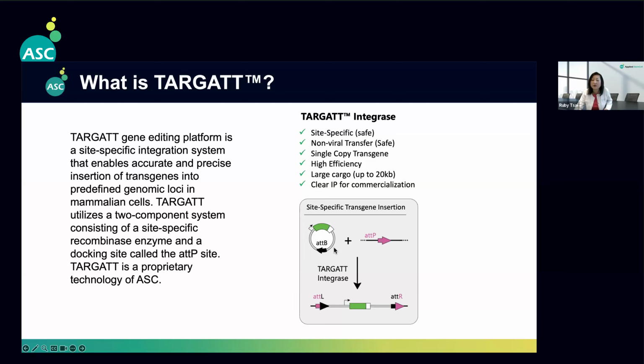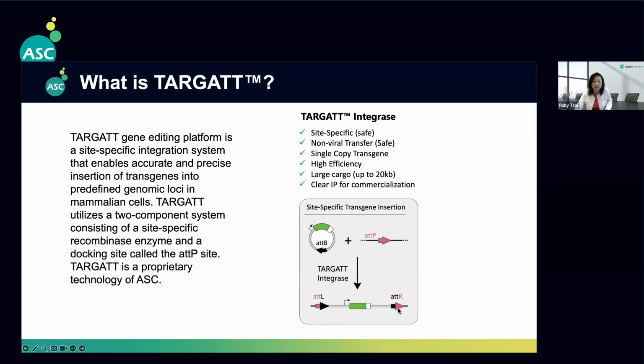So the way it works is really very simple. The integrase recognizes two non-identical sites, attB and attP. And upon recombination between these two sites, it results in integration of the transgene here in green. And at the same time, it also creates two hybrid sites, attL and attR.